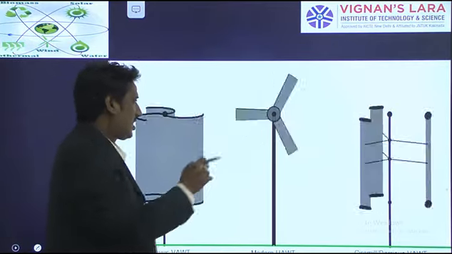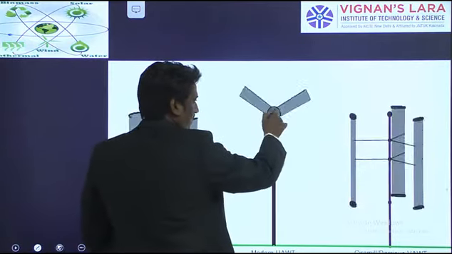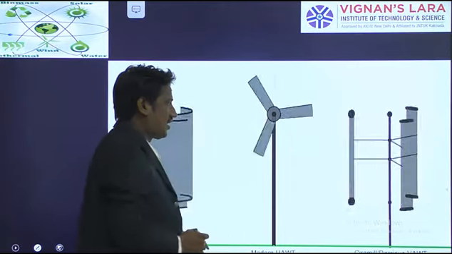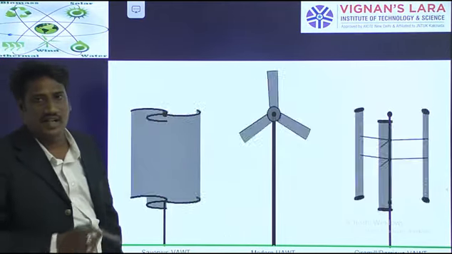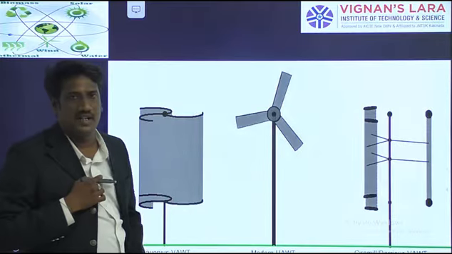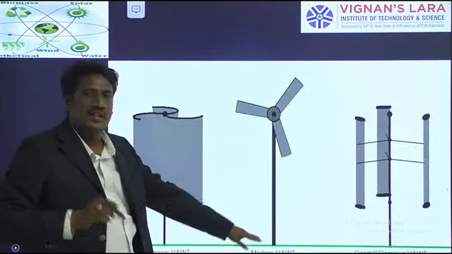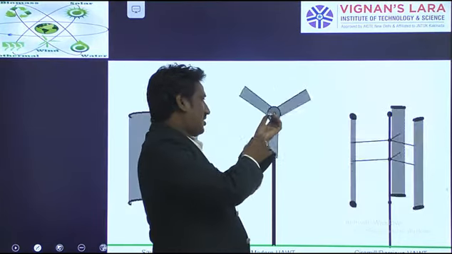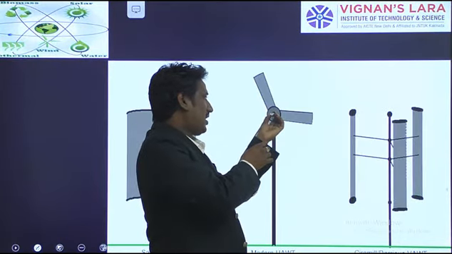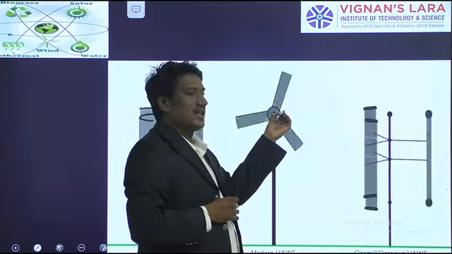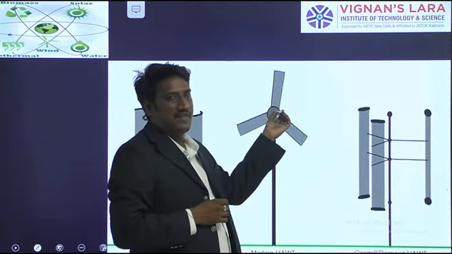Horizontally, a shaft from the fan is connected to the generator, clutch mechanism and control mechanism, everything placed on the top. Here in this mechanism the shaft is in a horizontal manner, like this. So these are horizontal axis wind turbines.